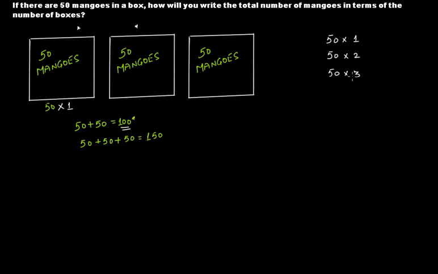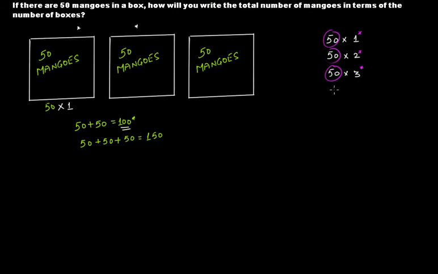right? That means that this part is always fixed, that is 50 is fixed. But this part of the multiplication is always changing. And it is changing as the number of boxes are changing. So the number here is representing actually what? It's representing the number of boxes being considered while counting the number of mangoes.